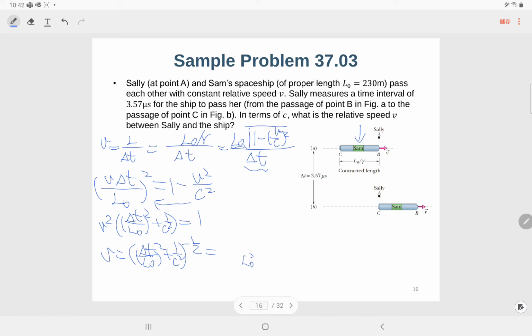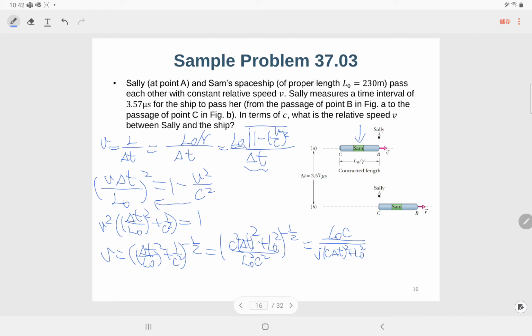We have L0 squared c squared, and then c squared delta t squared plus L0 squared, and then take the negative 1/2 power. So it becomes L0 c over the square root of c squared delta t squared plus L0 squared.